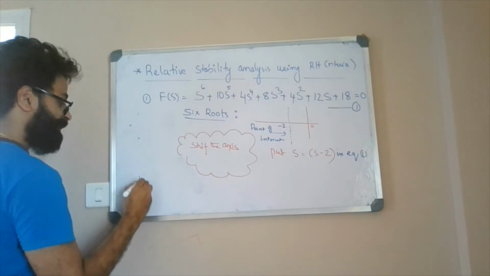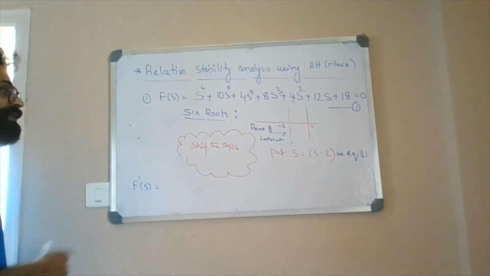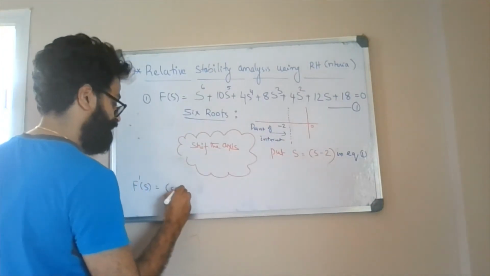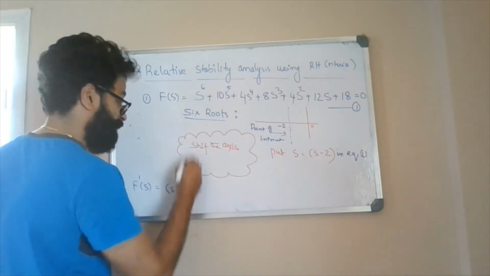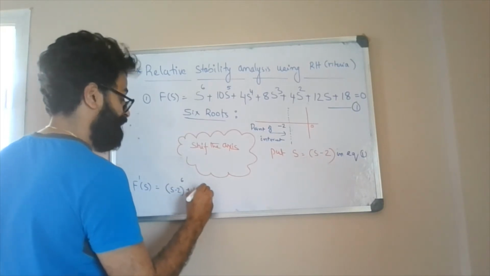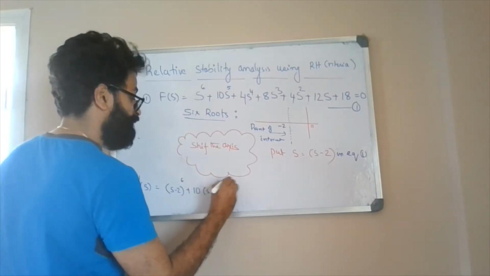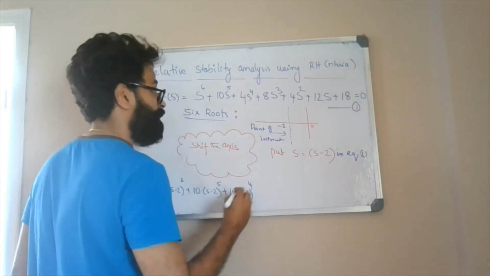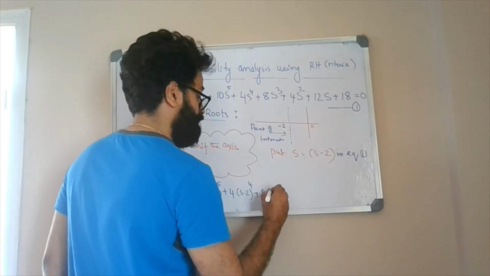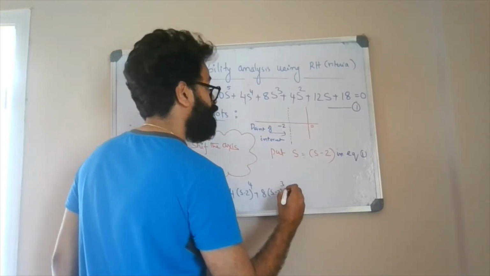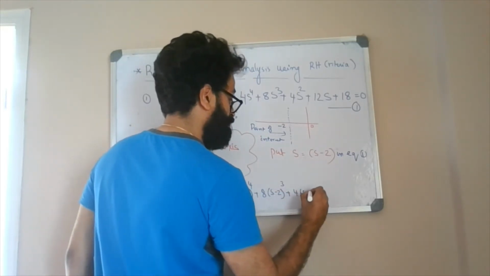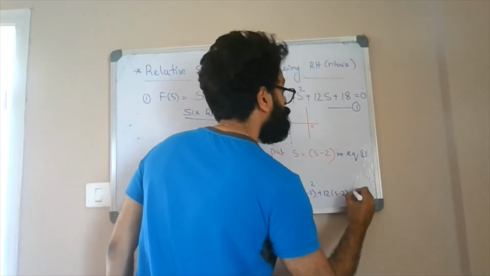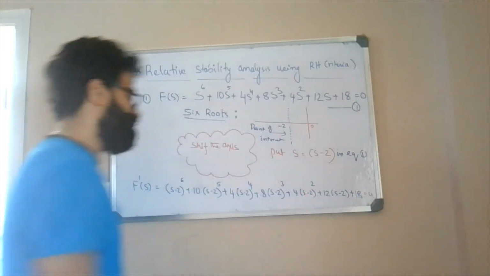So the modified characteristic equation, let's say f dash of s, is equal to, in place of s, what you are going to substitute: (s minus 2) to the power 6 plus 10 into (s minus 2) to the power 5, plus 4 into (s minus 2) to the power 4, plus 8 into (s minus 2) whole cube, plus 4 into (s minus 2) square, plus 12 into (s minus 2), plus 18 is equal to 0.